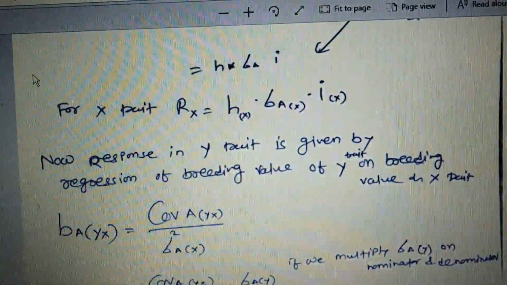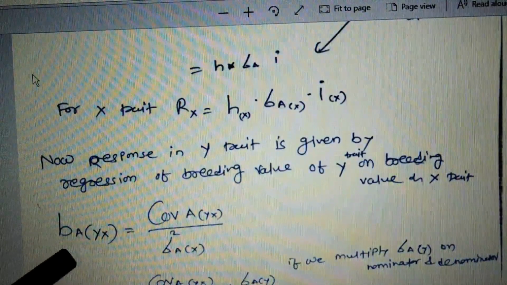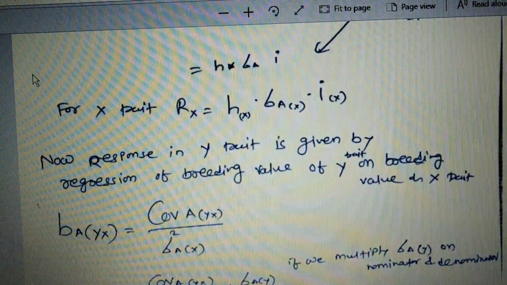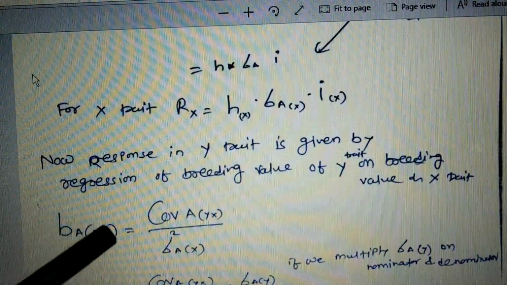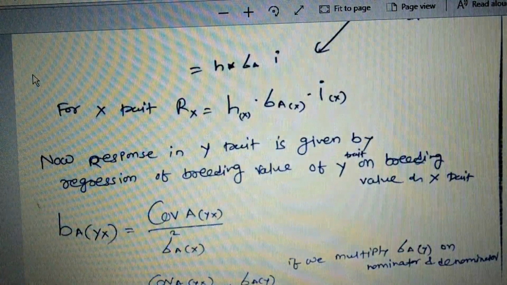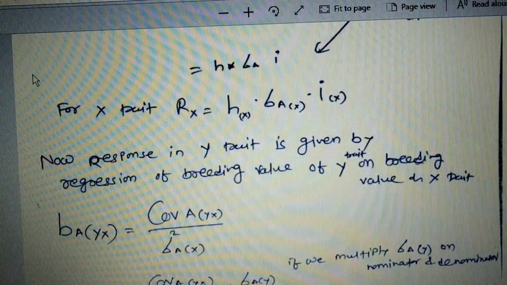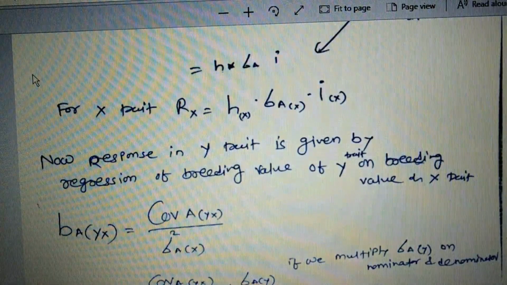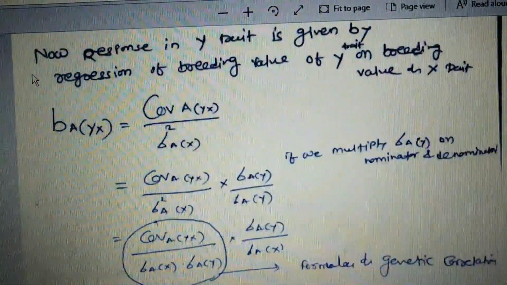It is written as b A Yx, that is, the regression of the breeding value of Y on X, which is equal to the covariance A Yx divided by the variance of Ax.